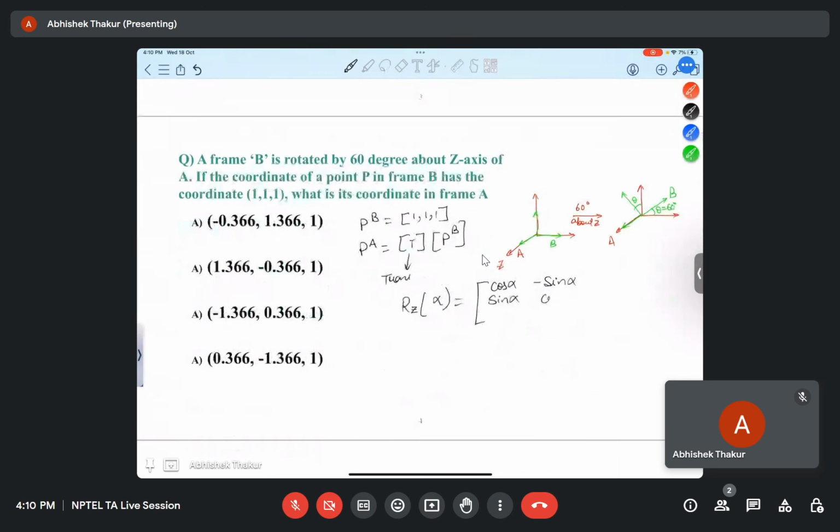Here alpha is 60 degrees. So when we substitute the value of alpha, we get the rotation matrix RZ alpha: cos 60, that is 1 by 2, minus sin alpha, that is minus root 3 by 2.